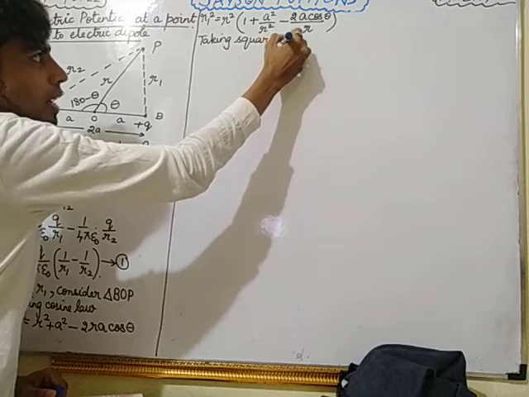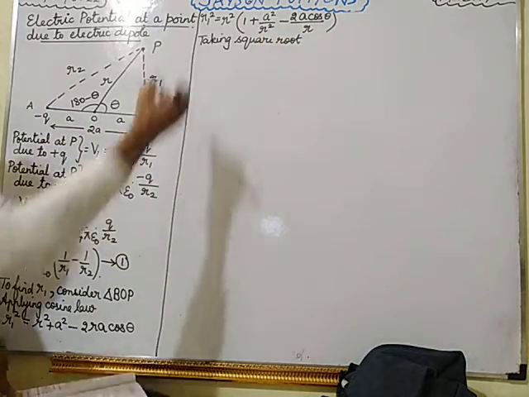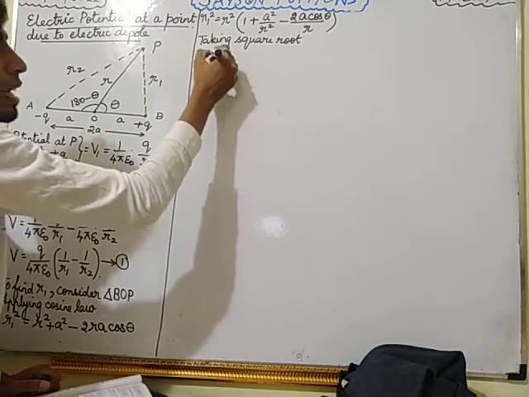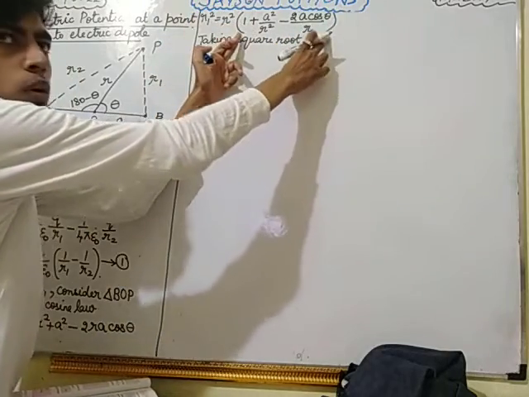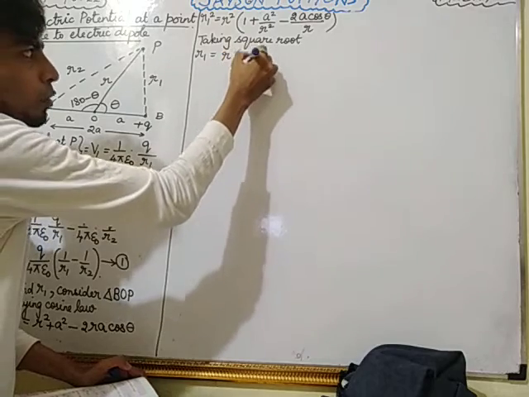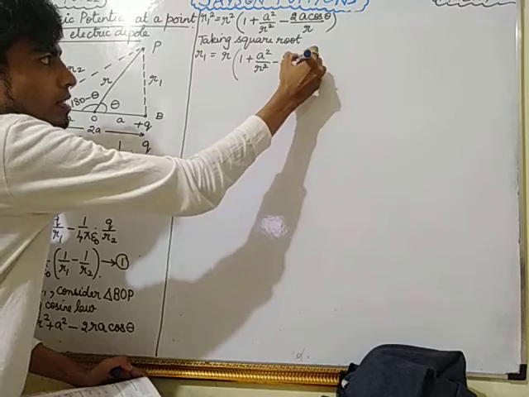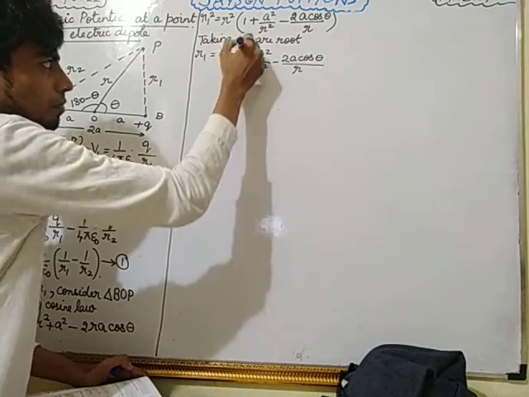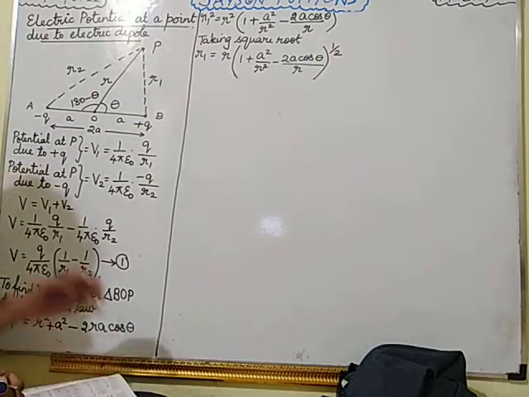If I take square root, R1 square will become R1, R square will become R. So this whole thing will come under square root, the whole thing will become power half: 1 plus A square by R square minus 2A cos theta by R, the whole power half. It will become like this.